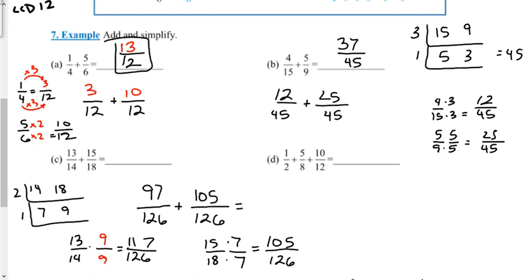105 over 126. Next, I'll add those together. 97 plus 105. Well, that's almost like 100 plus 105 is 205. But then I've got to add 3 less. So 3 less than that. Right? That's how I end up getting my 2... oh, doggone it.